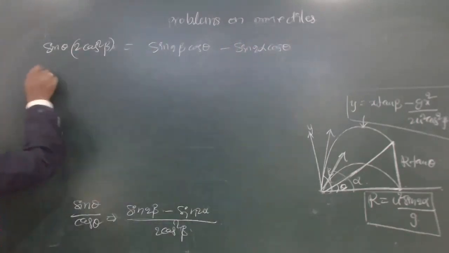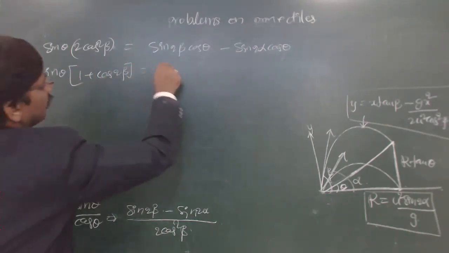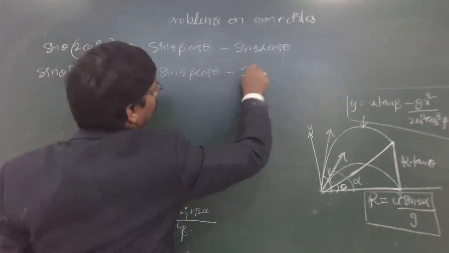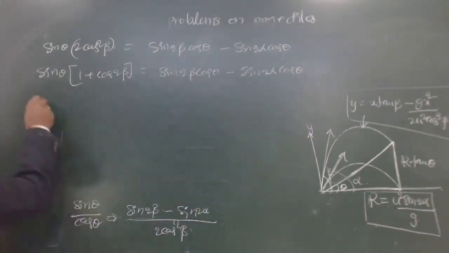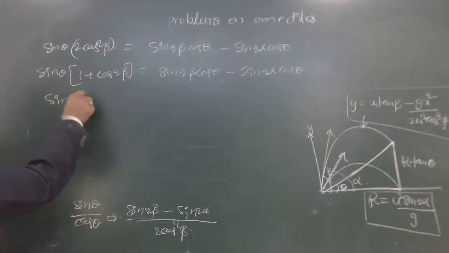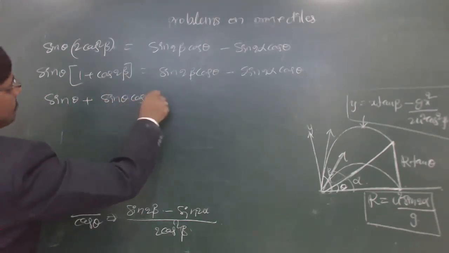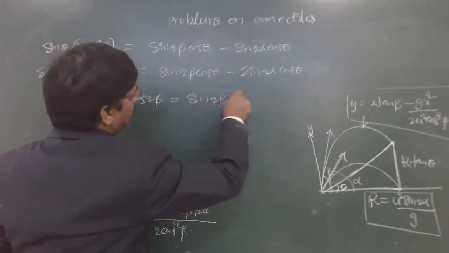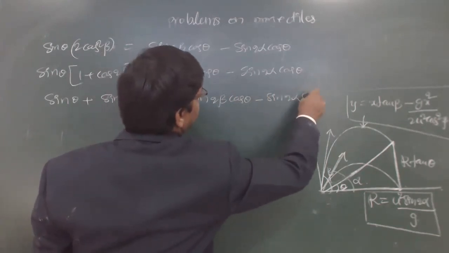And this you can simplify as sin theta into 1 plus cos 2 beta equals sin 2 beta cos theta minus sin 2 alpha cos theta. So this is sin theta plus sin theta cos 2 beta equal to sin 2 beta cos theta minus sin 2 alpha cos theta.